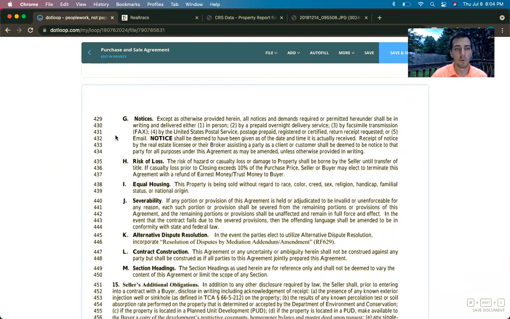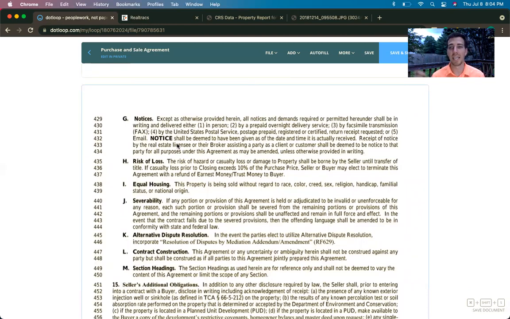Section 432, notice. Notice shall be deemed to have been given as of the date and time it is actually received. Receipt of notice by the real estate licensee or broker assisting a party as a client or customer shall be deemed to be notice to that party for all purposes under this agreement.